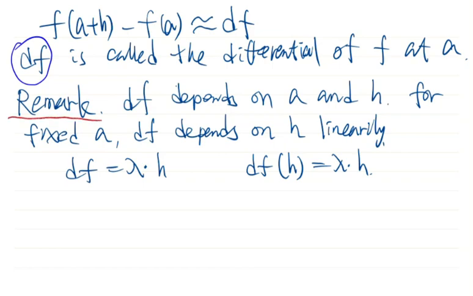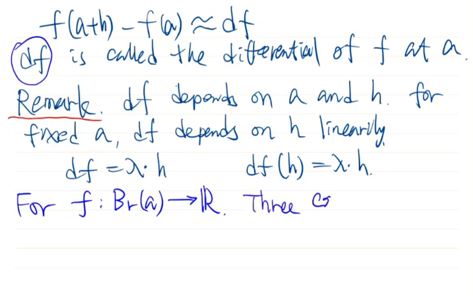So for a function defined near a, which means it is defined at least in an R neighborhood of a, we have three concepts. The first is continuity. Is f continuous at a?